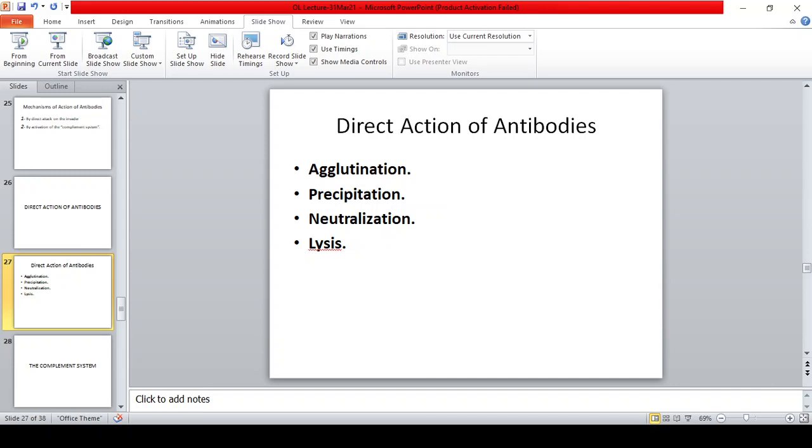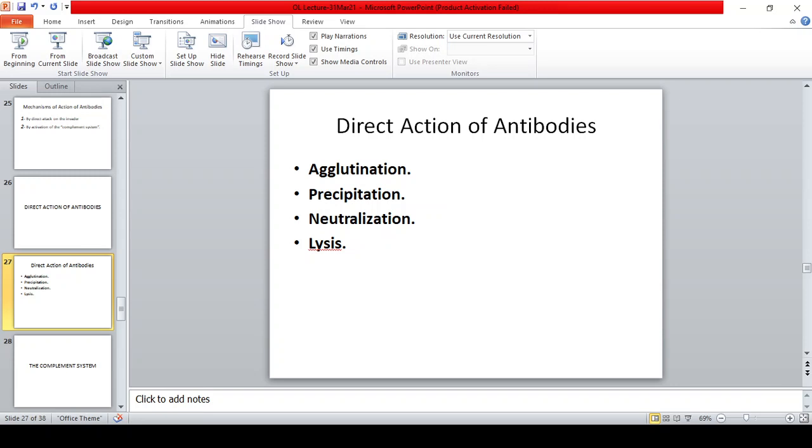So the antibodies cause the clumping of the antigens. The second is precipitation, in which the molecular complex of the soluble antigen along with the antibody is so large that it becomes insoluble, and then it is precipitated in the solution. Third is neutralization, in which the antibodies cover the toxic sites of the antigenic agent.